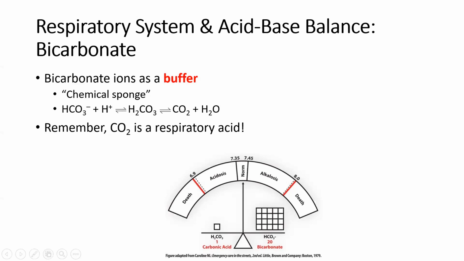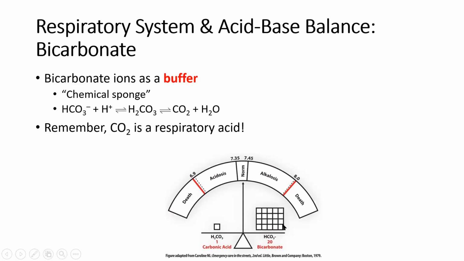And we can see in this schematic here how exactly carbonic acid and bicarbonate are keeping the balance of the pH and keeping it in this window of 7.35 to 7.45. If we lose carbonic acid, then bicarbonate takes over, and this pulls our lever towards the alkalotic side.